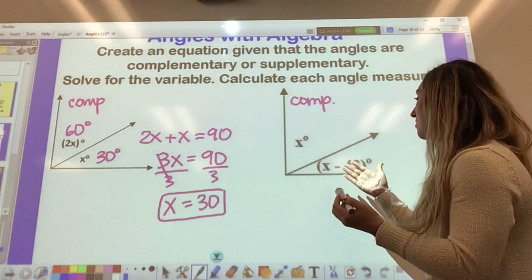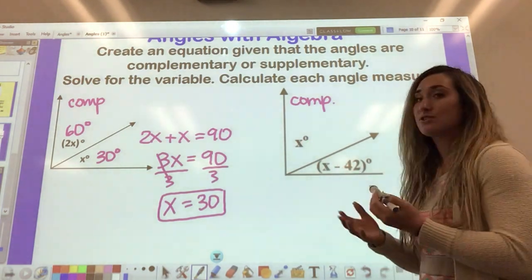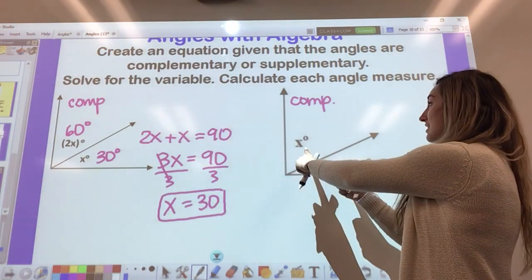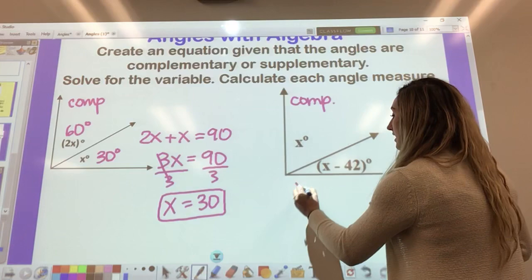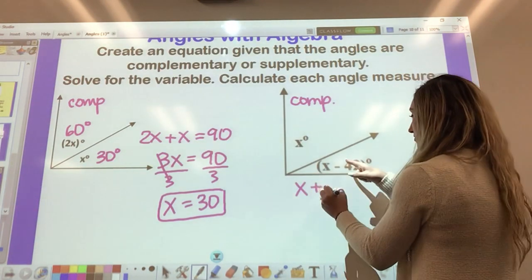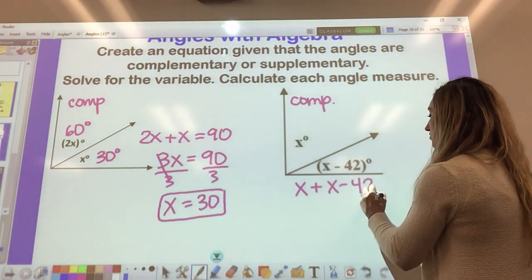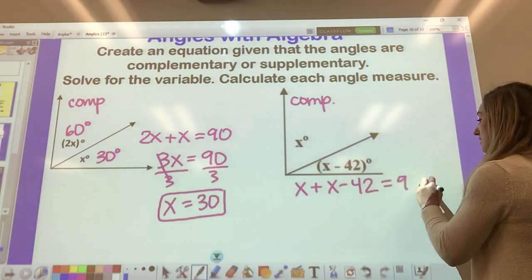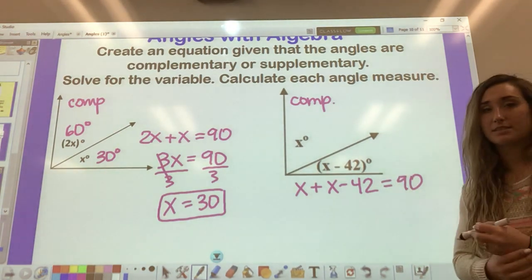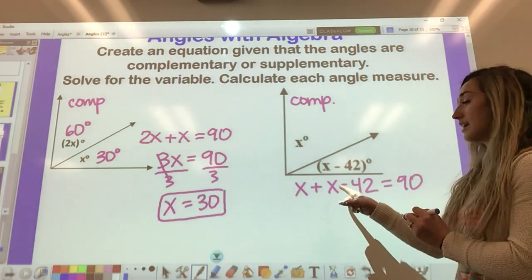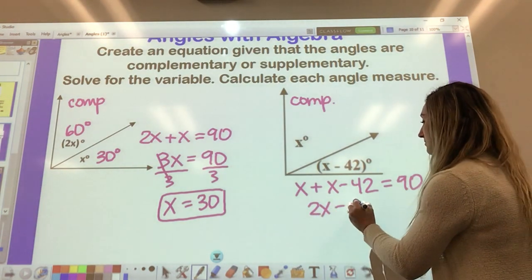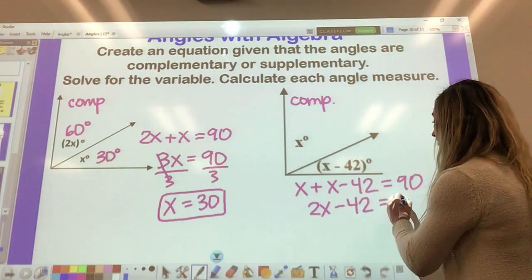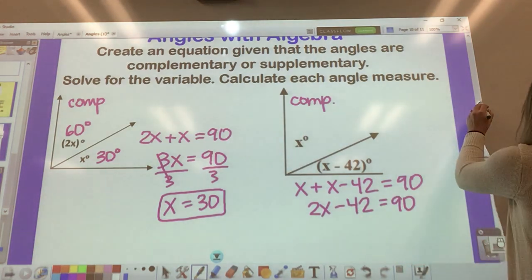Again, I don't know what x is, so I'm going to use an equation. I do know when I add these two together, they're going to equal 90. So again, my equation, I can add the x to this x minus 42, and I want that to equal 90 degrees. x and x is 2x. I still have this minus 42, and I still want it to equal 90.